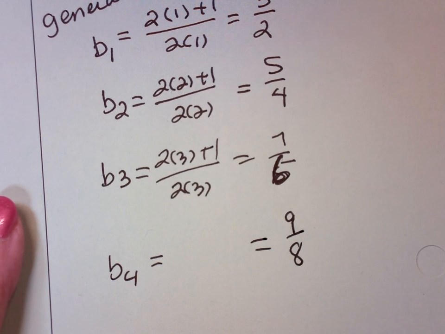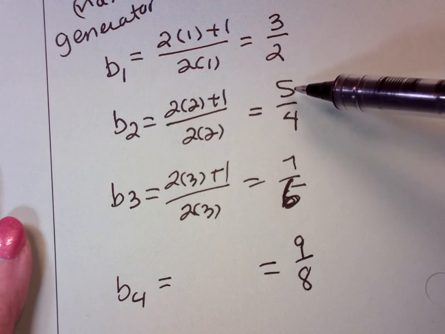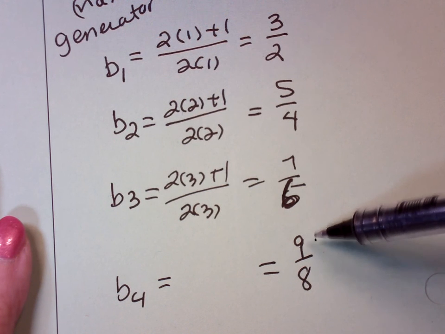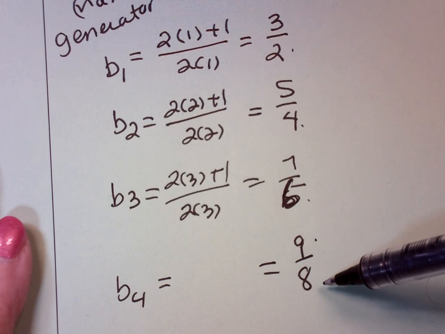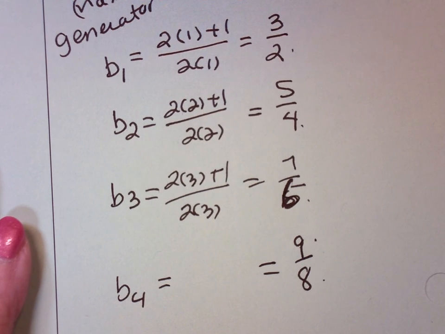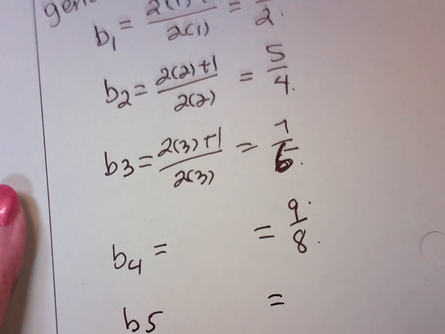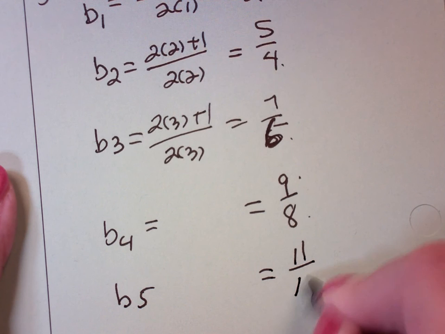You're multiplying by 2. The numerator is the sequence of odds, and the denominator is the sequence of evens. So I know that B sub 5 is going to be what? 11 over 10.